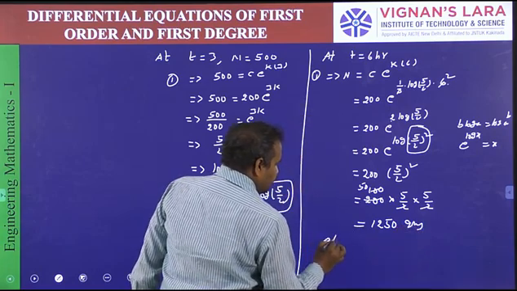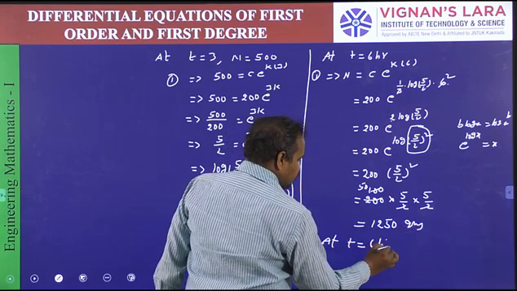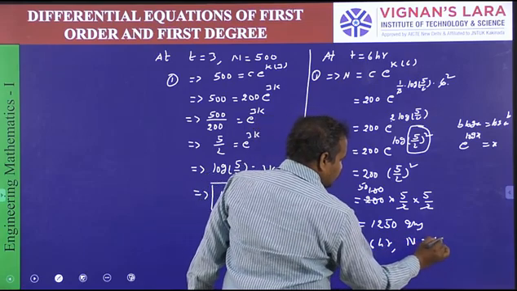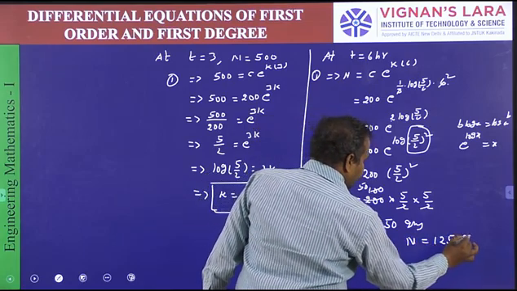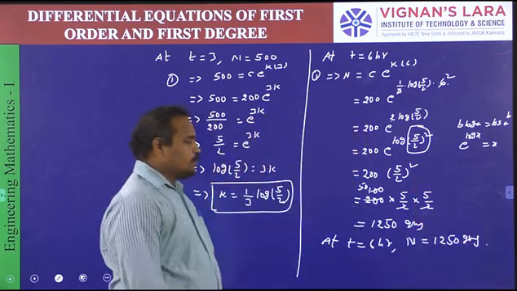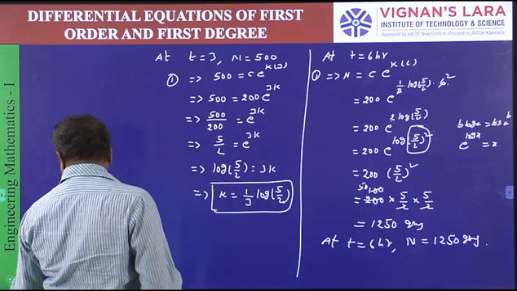So at t is equal to 6 hours, N value is 1250 grams. Like this, we are calculating the values.